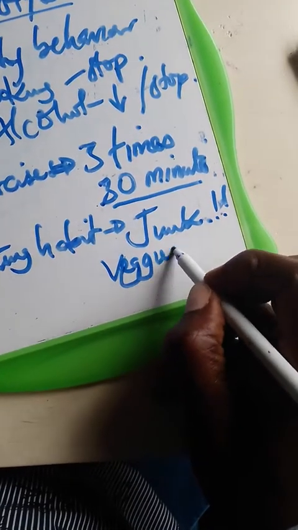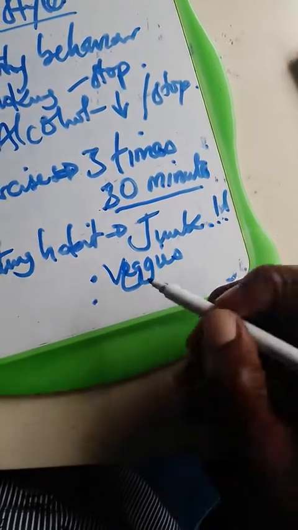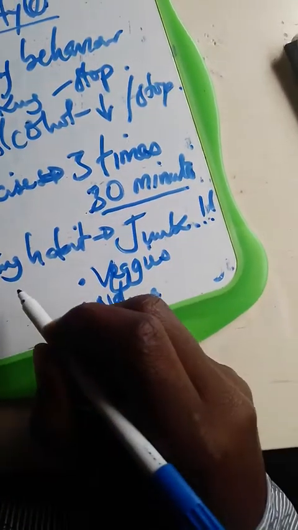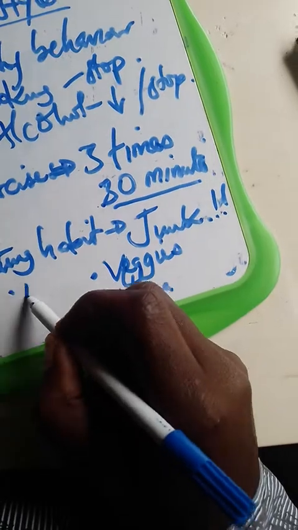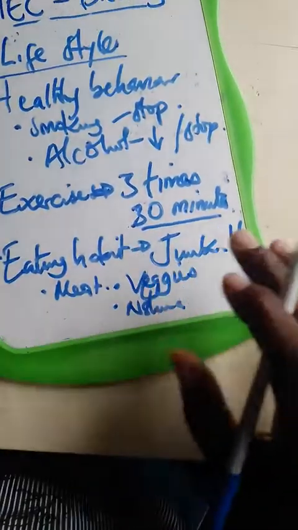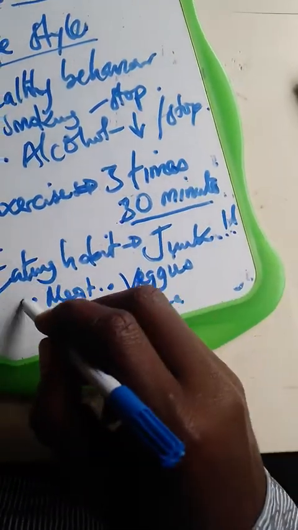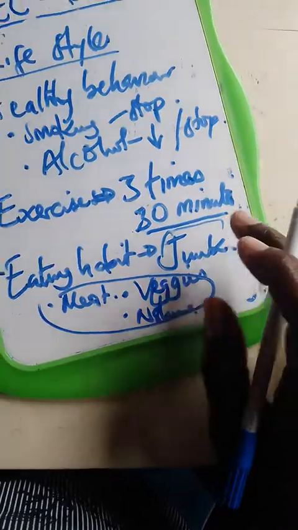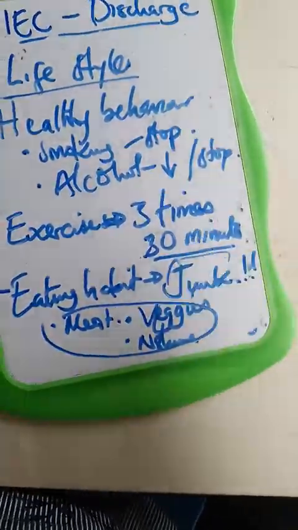If it's in Zambia, we look at tanshima, and apart from veggies, we look at meat, so that they recover. This gives them the necessary nutrients, but junk foods do not.